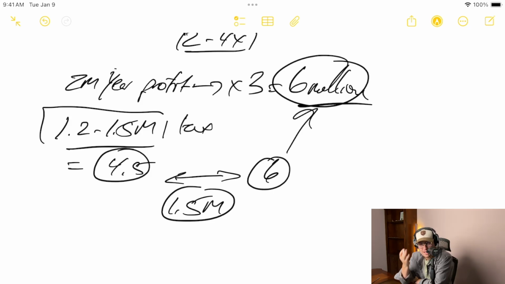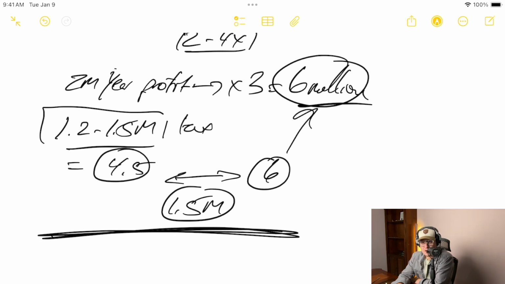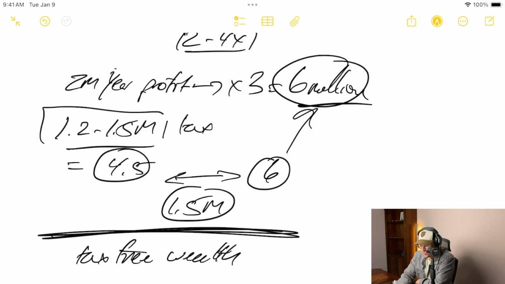So if you are considering selling in the next 3 to 5 years, you might want to consider this as a real strategy for yourself. If you think you want to sell, you have to consider that this is a legitimate option that gets you tax-free wealth. And if you structure this properly, you will be in a much better position long term.